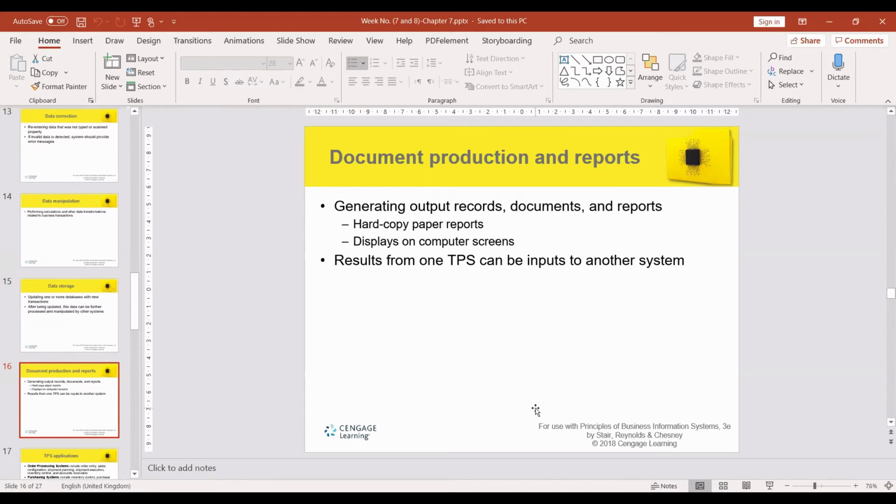So two types of reports: hard copy on paper, you can take the printouts, or you can display results on screen. So both options would be there, and these options can be used by another system. So this is overall the transaction cycle.